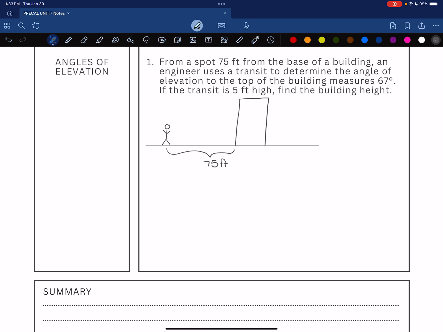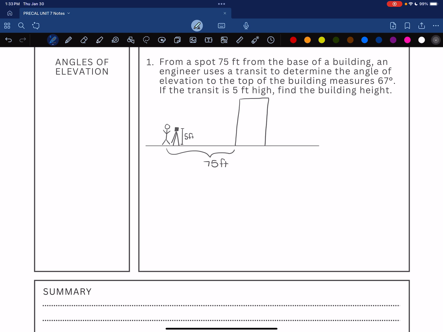And he uses a transit, which is just a device used to measure something. So it's like a little box thing on a tripod. So he's using this tripod transit in order to measure the angle. So the transit itself, from here to the ground, is 5 feet.